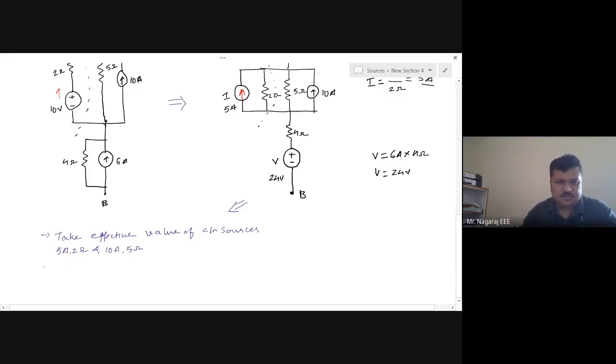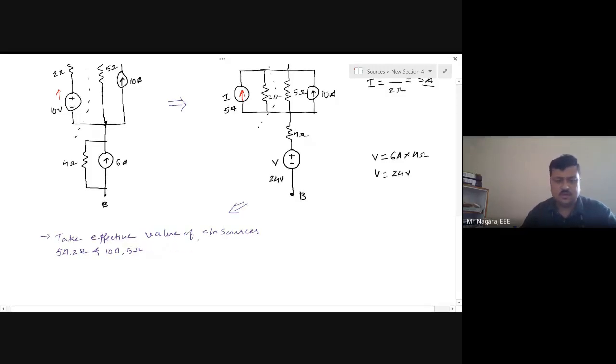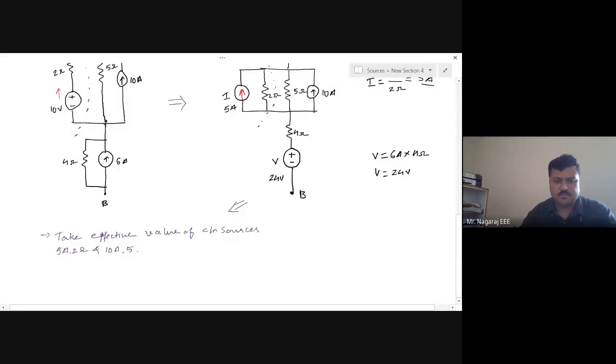This is first step, and convert, that conversion we'll look into later. Let us not worry about that now. First we'll do that.